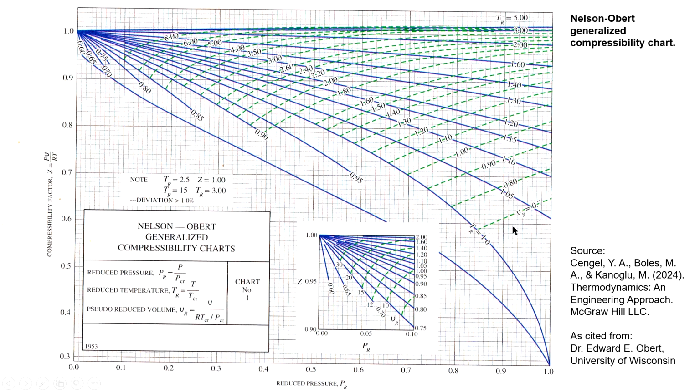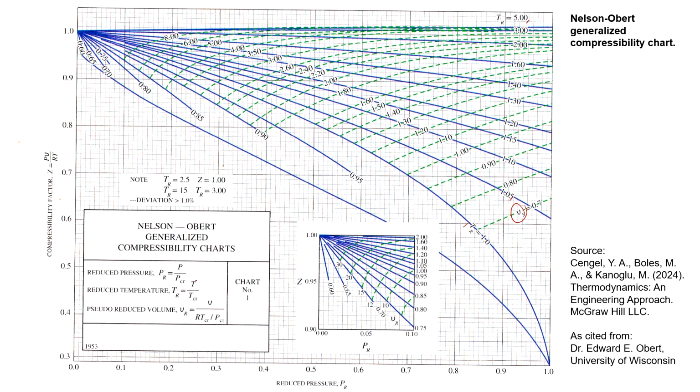The blue lines stand for the temperature, TR equal to 1.0, 1.5, up to 5.0, and TR stands for reduced temperature. The green dashed lines are the reduced volume, VR.